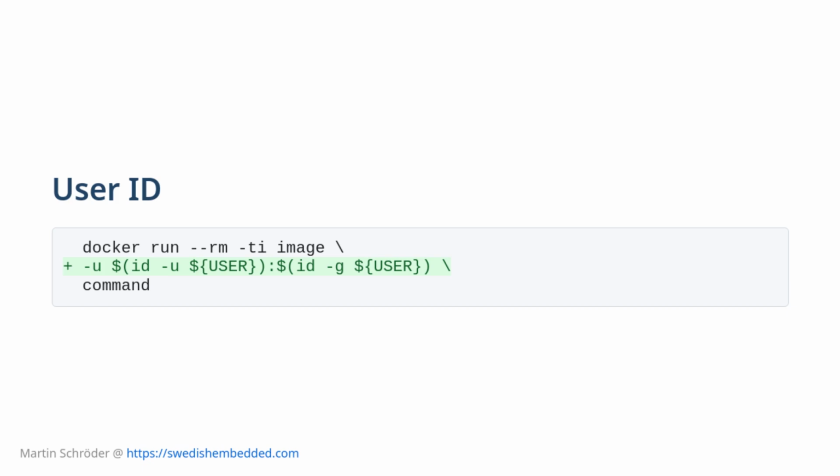And obviously, if they're created inside your directory, it's going to cause you problems. So this is a way of specifying that you want to be using the same user ID that your current host user is using, and then pass that user ID to Docker as well.